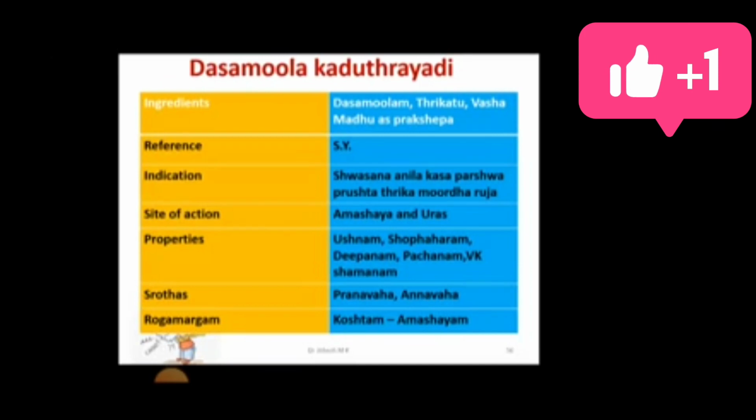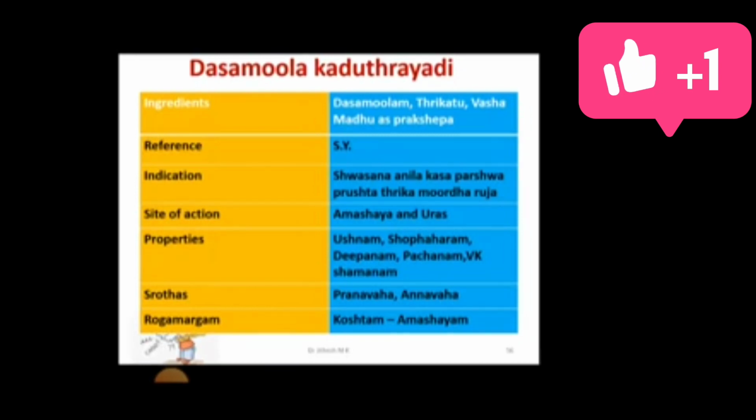But because of the presence of Dasamula, this Dasamula Karutraya has an extra added property, that is Shothahara. Not all Shotha. This cannot be given in the Shotha like pedal edema, or abdominal edema, etc. This Shotha typically refers to the edema related to the chest, the lung.